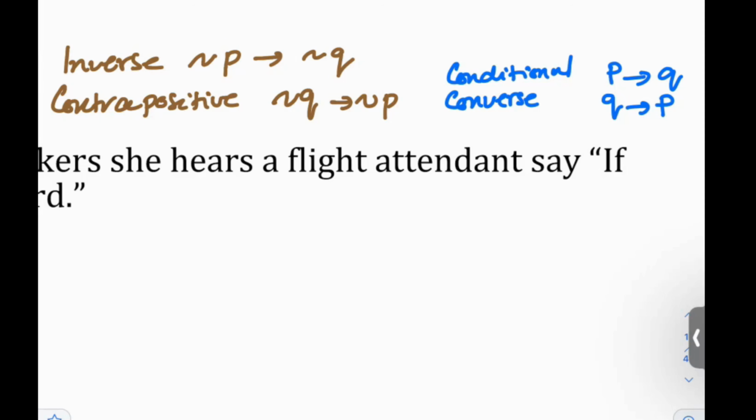Usually, there are some statements that are called logically equivalent. What is the meaning of logically equivalent? Means they have the same truth value. To remember them, the ones with verse are logically equivalent. Means if this is true, this is true. If this is false, the other one will be false.